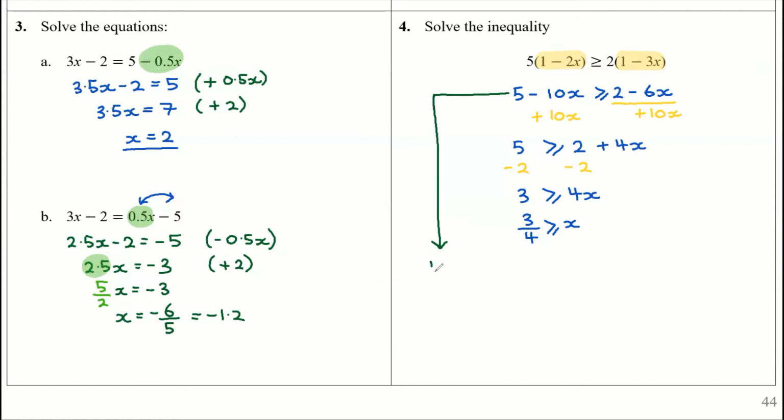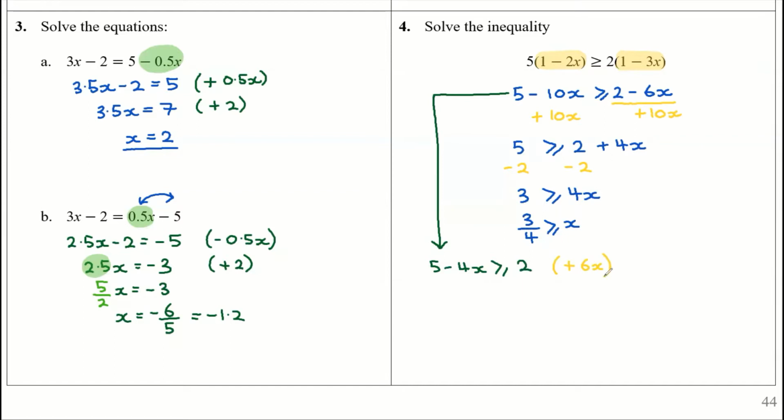We would get 5. Now adding 6x would obviously give me negative 4x on the left, which is greater than or equal to 2. Okay, by adding 6x instead. So I'm just making note of what I've done there. So I've added 6x.